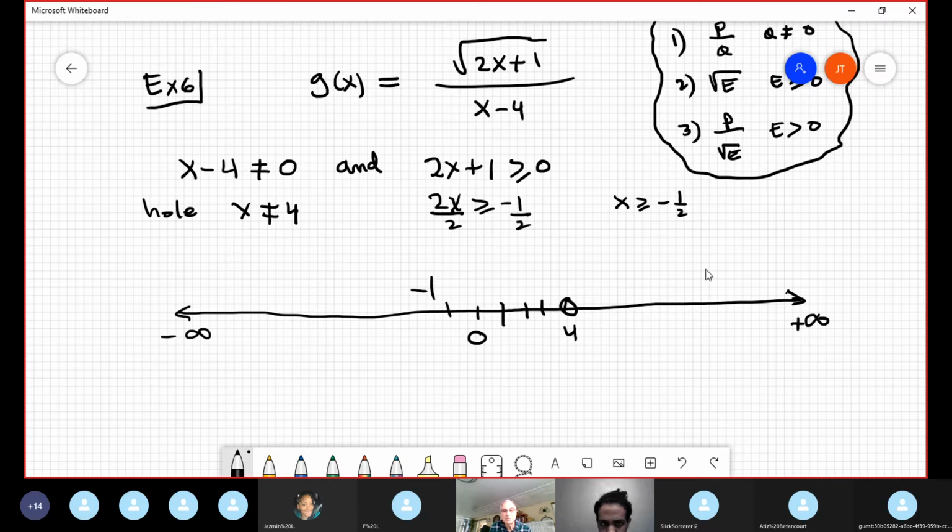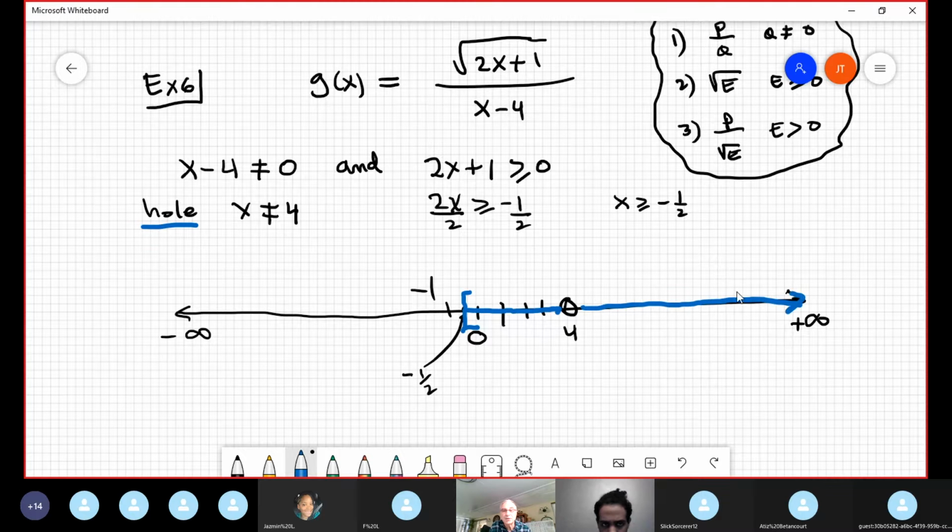I suppose this is negative 1, and negative 1/2 is here. The direction is to the right, including negative 1/2, with a bracket here. Continue here, but unfortunately at 4 we stop because at 4 we have a hole, and we continue here.